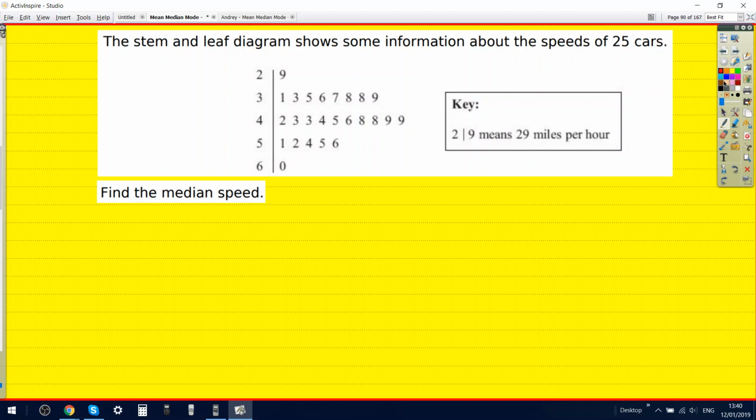Okay, so this one, median speed. The stem and leaf diagram shows some information about the speeds of 25. So there's 25, and 29 means 29 miles per hour. Find the median speed.